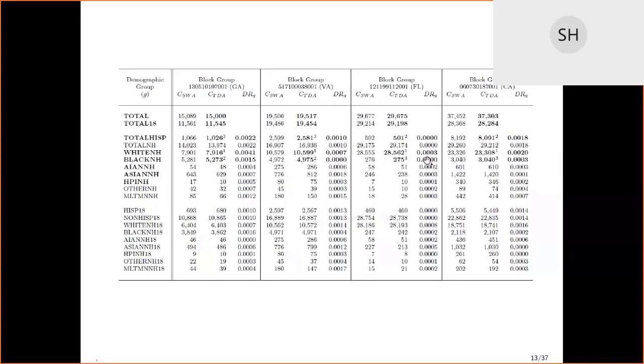The difference in ratios is 0.003, so you sort of see this going down, not necessarily strictly going down, but you see a tendency downward. And then the very largest block group in the country, at least according to the 2010 census, 37,452. The top-down algorithm says 37,303. For the largest demographic group, the difference in ratio is 0.0020.